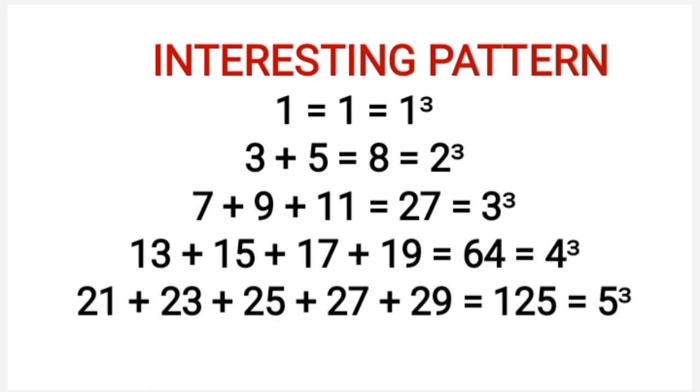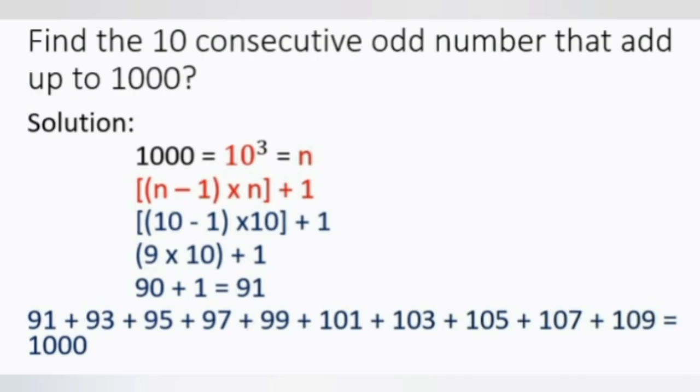Let me show you. Now see students, we all know that 1000 is the cube of 10, right? So let's take 10 as n. And now see, I have the formula n minus 1 into n plus 1. In the place of n, I am going to substitute 10. So 10 minus 1 into 10 plus 1. 10 minus 1 is 9. 9 into 10 plus 1.